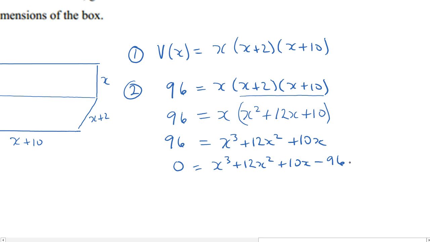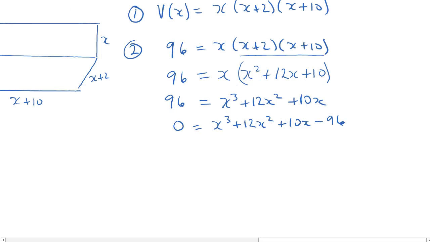Alright, so now is where the work comes in, where I have to say, okay, let's find some factors. The candidates are going to be factors of negative 96. So that's a lot of numbers. Well, let's try it out here. My favorite one to start with is x minus 1, because I only have to put a 1 in there.